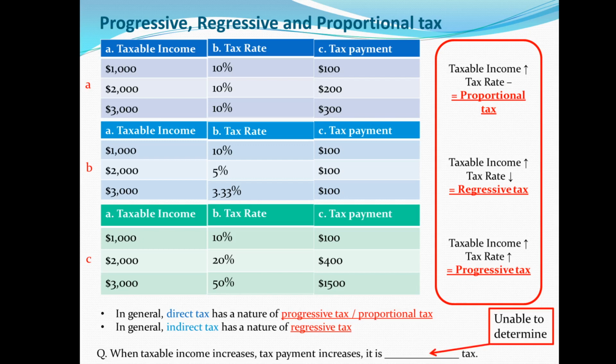Even when the tax payment is increasing, it can be regressive as well. Think about here is 100, and then 101, and then 102, and that will become a regressive tax as well. And even when the tax payment is increasing, it can be a proportional tax, and here a progressive tax. So make sure you are crystal clear about the concept here.